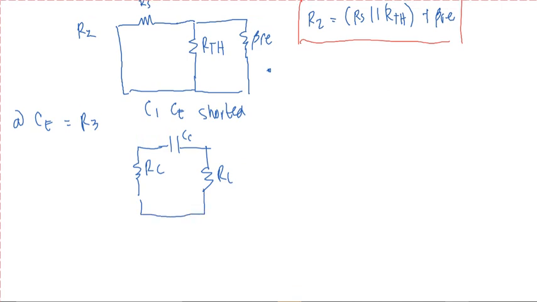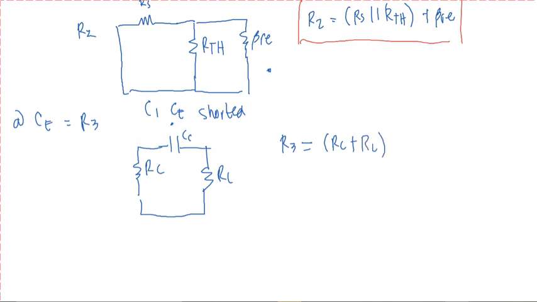Looking from the point of view of CC, the resistors RC and RL are not parallel, but they are in series. So both are called our R3. Looking from the point of view of RC, its view of RC and RL is series. So R3 is RC plus RL.